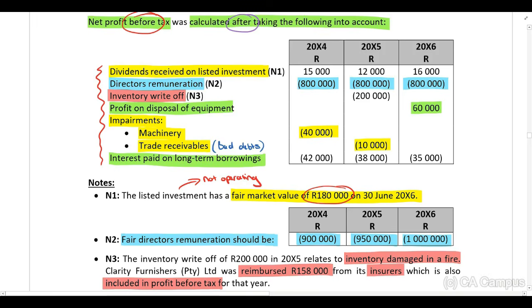So because it is not an operating asset, we are going to value it separately. So that means the income or the dividends that I received on this listed investment, which are included in my profit before tax, need to be eliminated. And at the end of the calculation, I will value all non-operating assets separately.